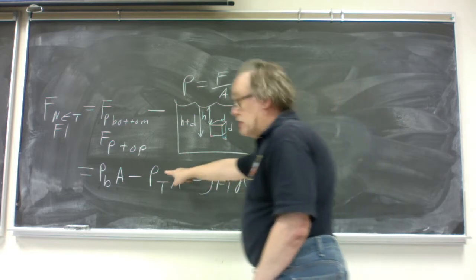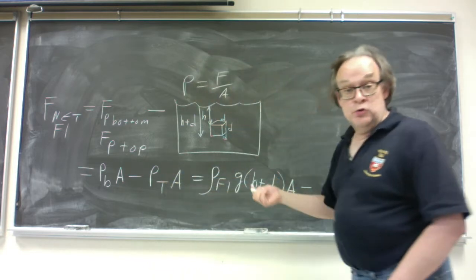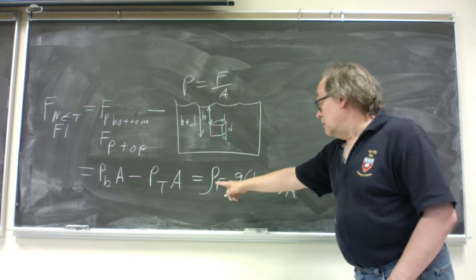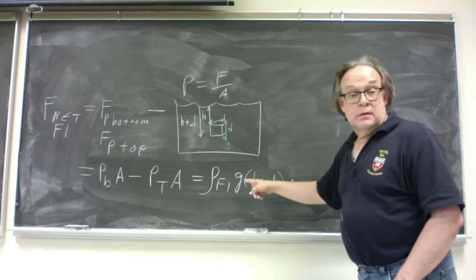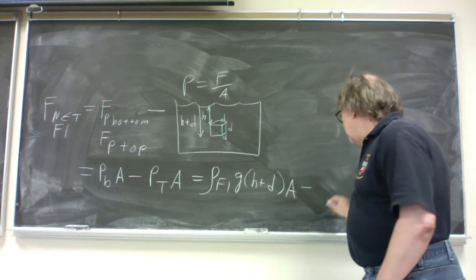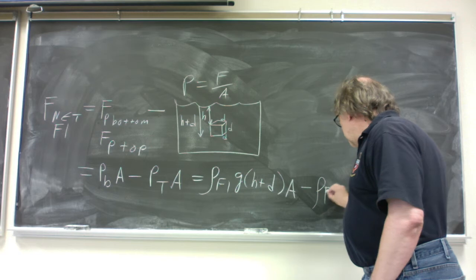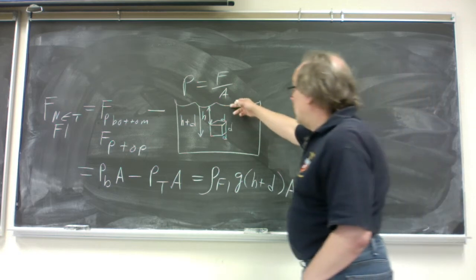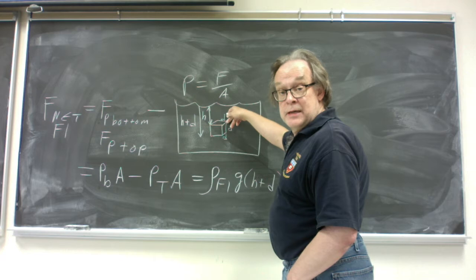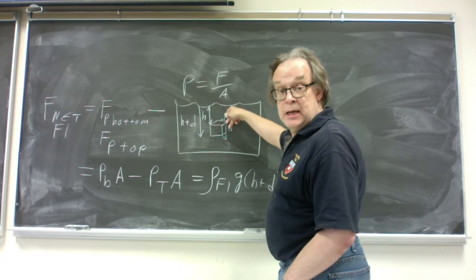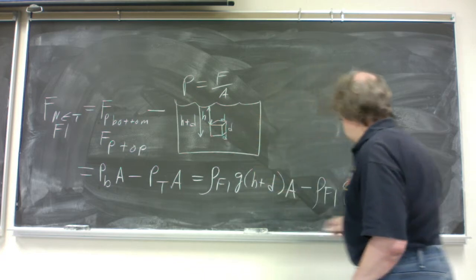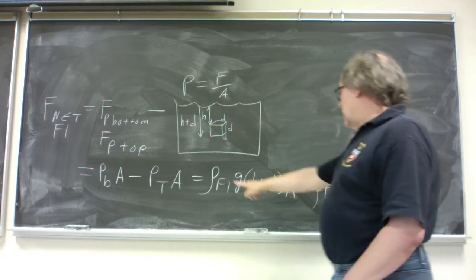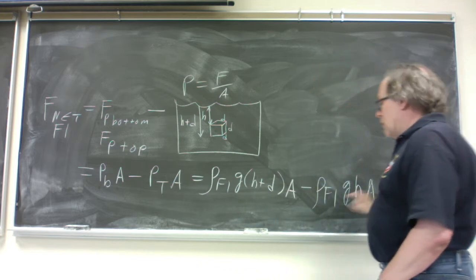Minus pressure at the top. Use the same rule: density, g, depth. So same fluid density, same g, and then how deep you are at the top surface, that'll determine the pressure on the top side, and that's just plain h. And then times area.